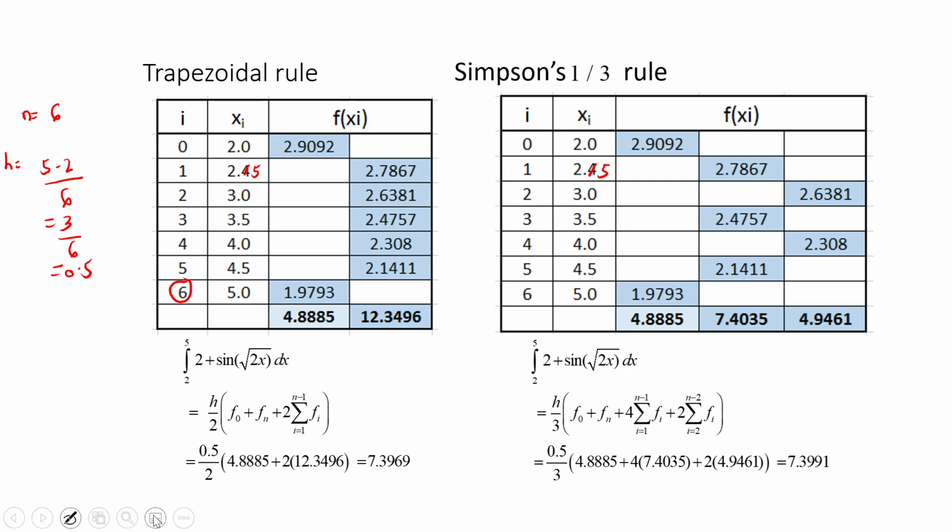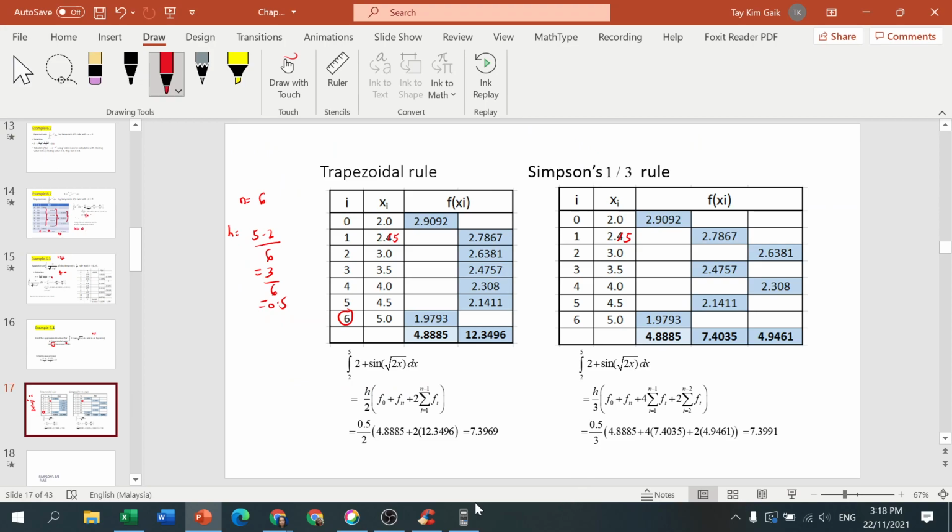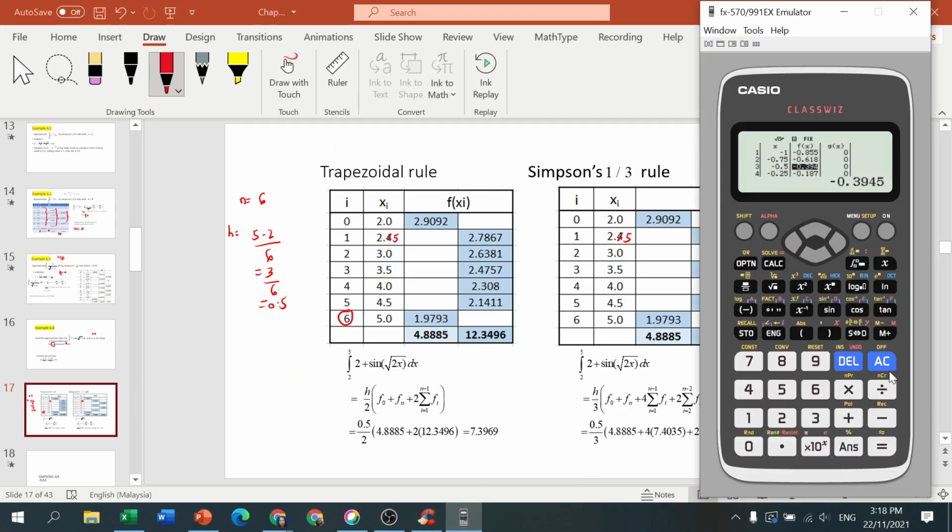And then you tabulate it using the calculator, key in the new function, which is 2 plus sin square root 2 x.